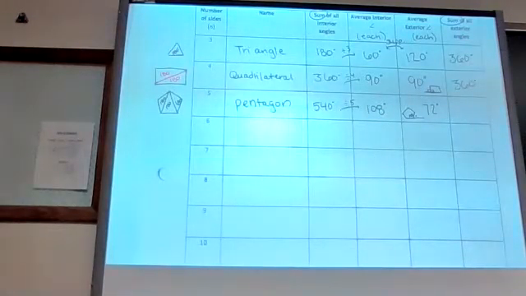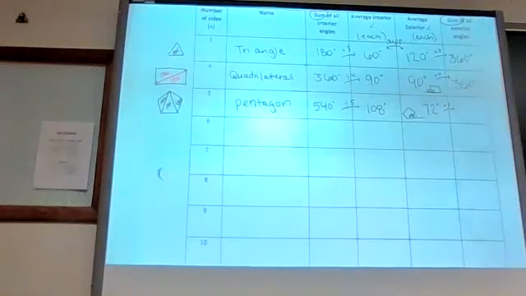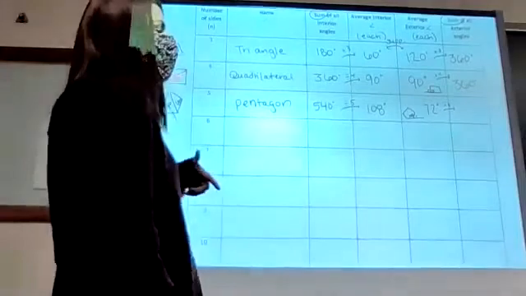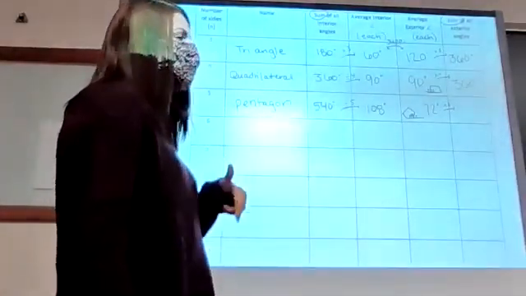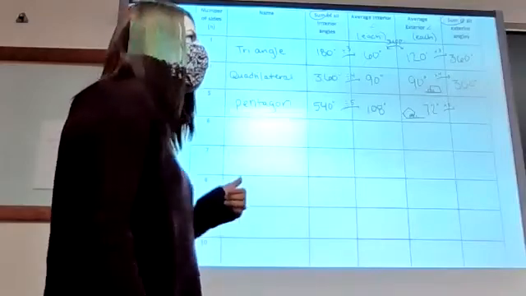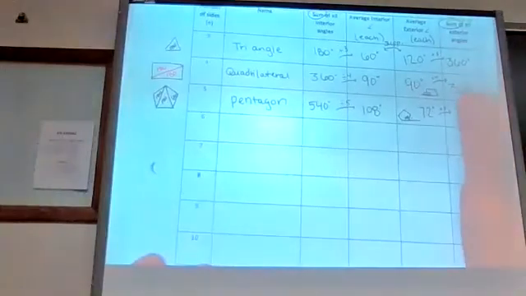To get here, we kept multiplying: we multiplied by 4, we multiplied by 3. If I do 72 and multiply by 5, what's 70 times 5? 350. 2 times 5 is 10. Add them together: 360. Noticing a pattern in that last column? They're all 360.